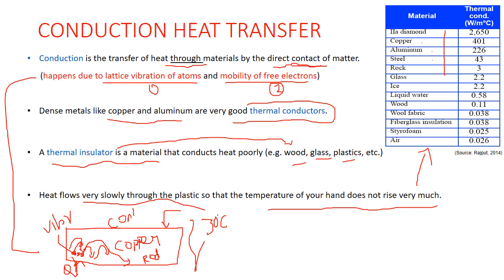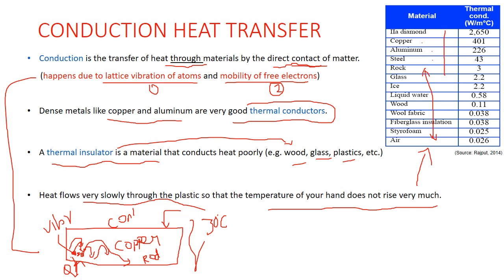Whereas the non-metals, as I said before, have very poor conduction of heat, so you can see the values of thermal conductivity are very low. Thermal conductivity means what? You can see the unit now. It is the amount of heat conducted per unit length per unit rise in temperature.